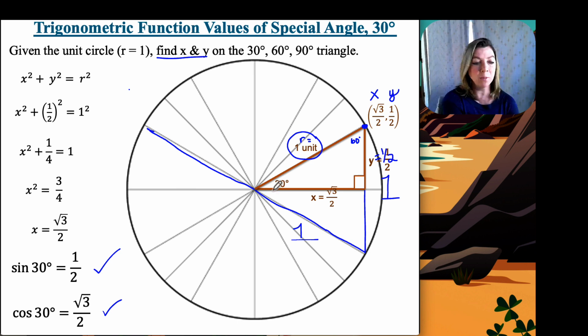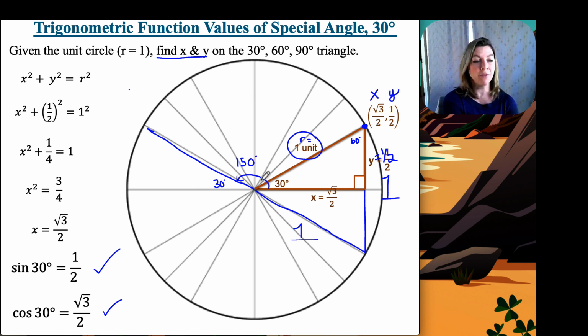Okay, that would be the 180 degree angle, but I'm going to subtract out 30 degrees of it. I'm not going to go quite to 180 degrees. 180 degrees less 30 degrees gives us an angle of 180 minus 30, which is 150 degrees.